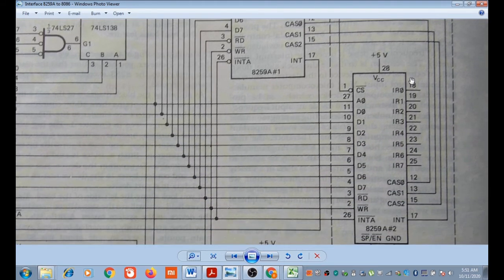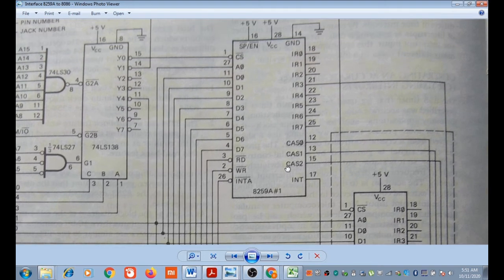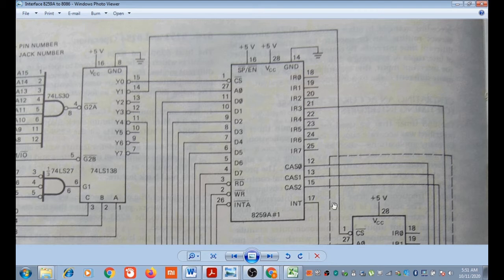Okay, our task is to find the address of this slave PIC. For that, analyze the chip select. So the chip select of this device is coming from Y1 of 74LS138, the decoder.